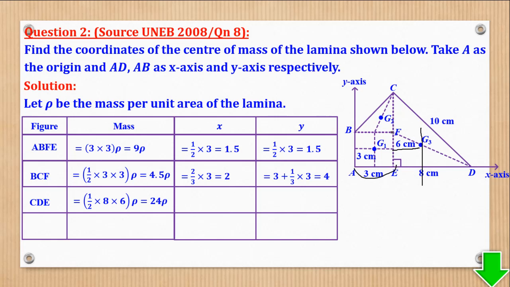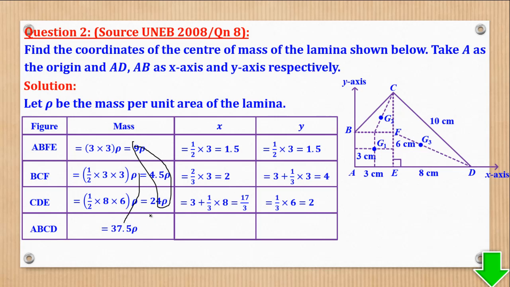It is from the base, so it will be 1/3 of the total, which is 8, to give you 17/3. Vertically, it is still from the base, so it will be 1/3 of this total, which is 6. So 1/3 times 6 to give you 2.